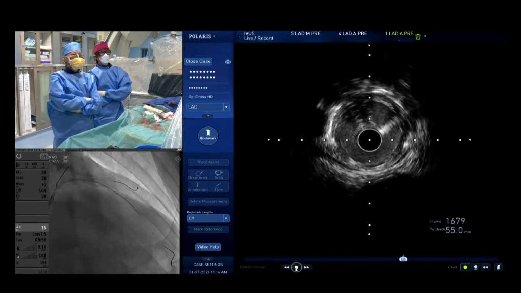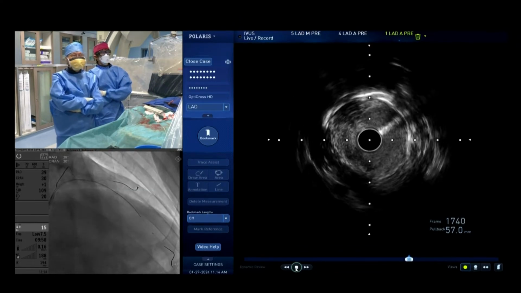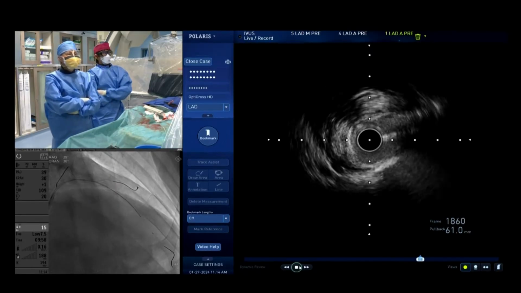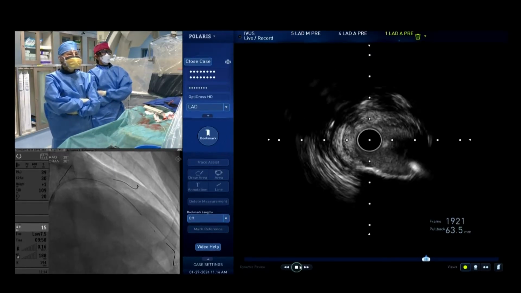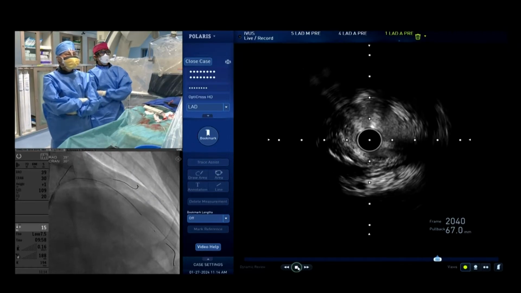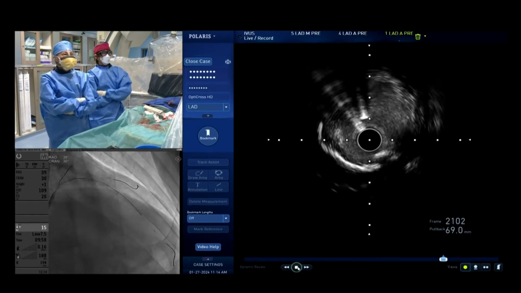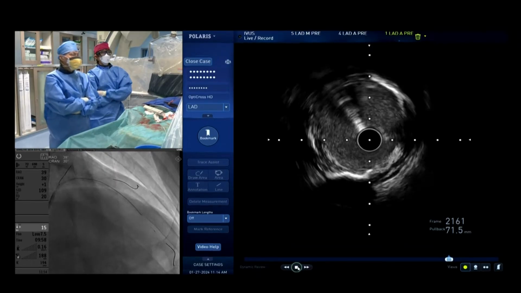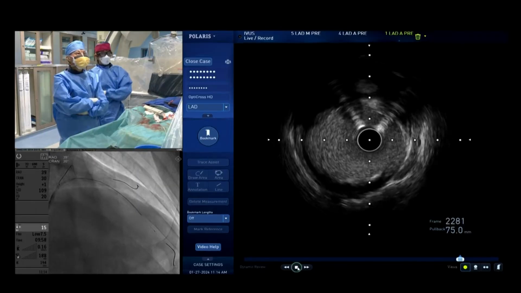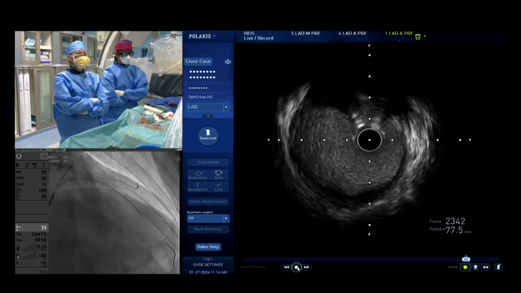So actually we developed a strategy for so-called minimal contrast IVUS-guided PCI. Some of the key points: first of all, try to use the best angle. For example, if you are doing LAD, you go for an RAO or AP cranial, and then fix that. Ask your fellows or the radiographer not to pan the angle anymore.